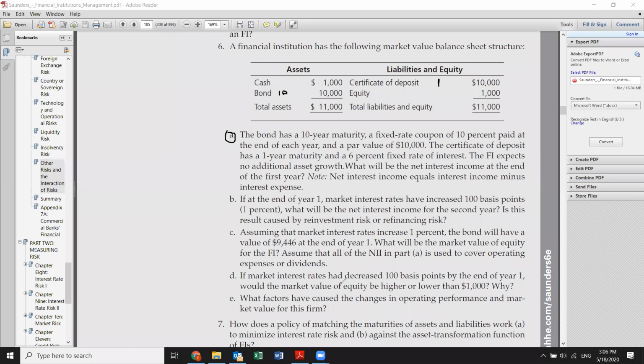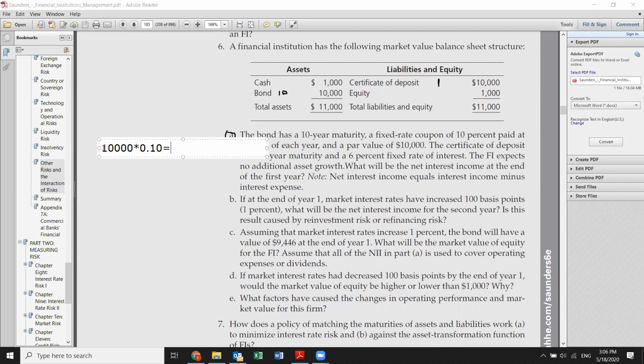So what will be the net interest income at the end of the first year? Let's calculate. Our interest income is equal to, let me just type, the bond par value of 10,000 times 10%, which gives us the interest income for the bond, how much money we earn.